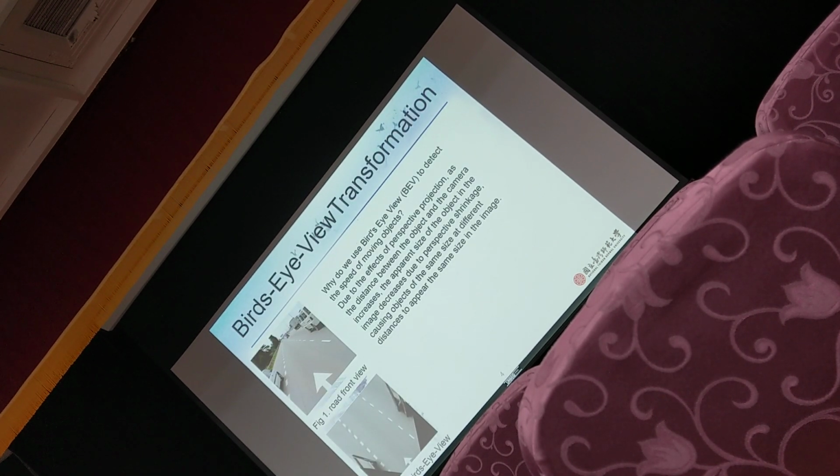Why do we use BEV to detect the speed of moving objects? The main reason is that it is difficult to obtain the actual distance of objects from the front view due to perspective projection. In the front view, as the object moves farther away from the camera, its size in the image gradually decreases.